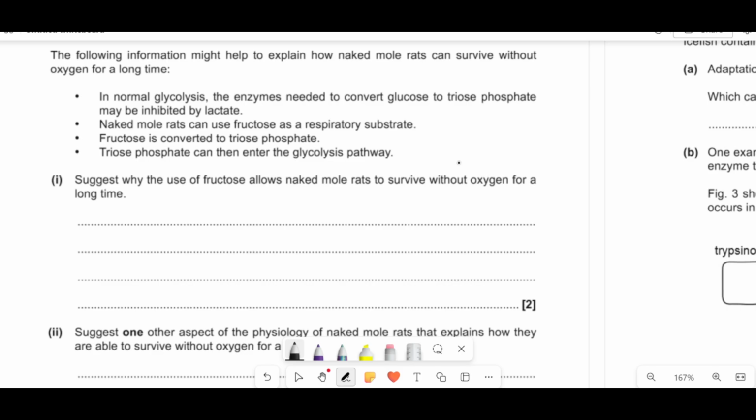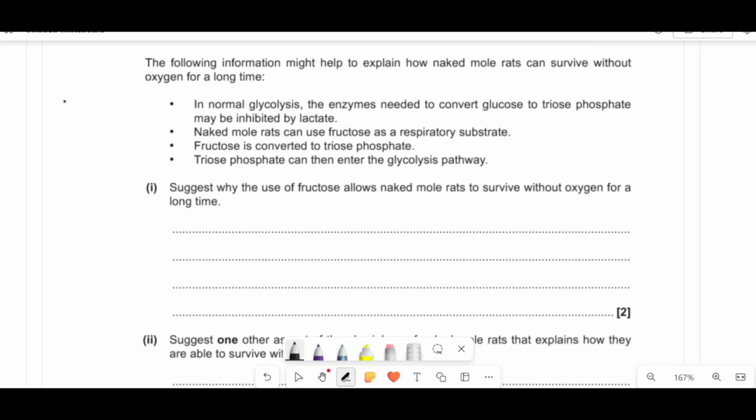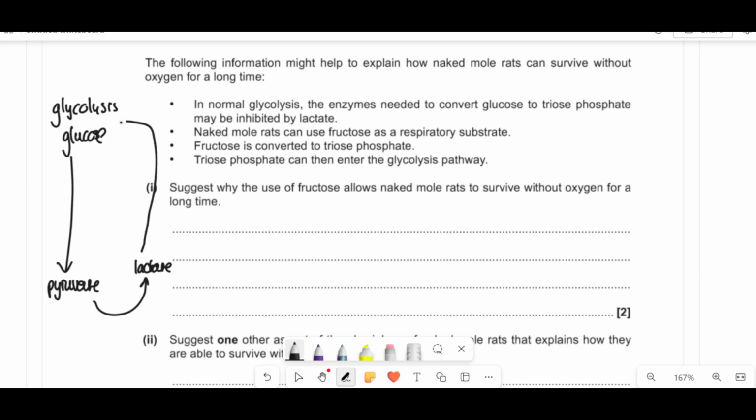Let's have a quick look at what's going on. In glycolysis, the entire point is that you have glucose, and then eventually you get to pyruvate. If you have no oxygen, you end up making lactate through anaerobic respiration, lactate fermentation, because we're not doing the link reaction. The question told you that the enzymes needed to convert glucose to pyruvate are inhibited. However, it's told you they can use fructose, which is converted to triphosphate.